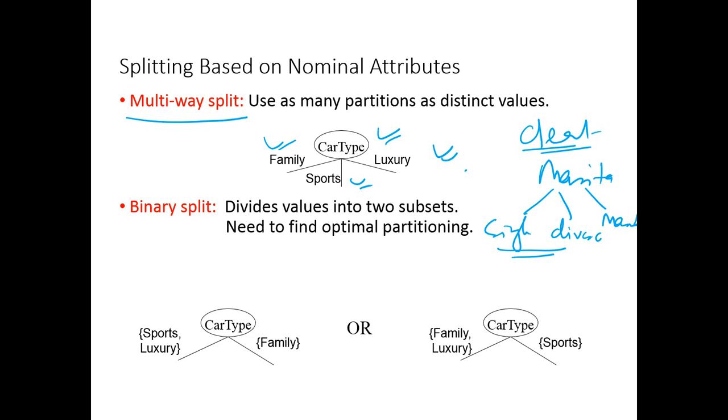That's one way of splitting nominal attributes. A binary split would divide values into two subsets, but we can have multiple as well. In the example we showed a few slides prior, single and divorced were combined, and we found that was the optimal way of splitting the data into just two types: single-divorced and married, not single, divorced, married. That means there are only two splits in this case.